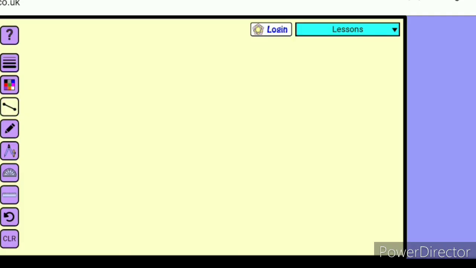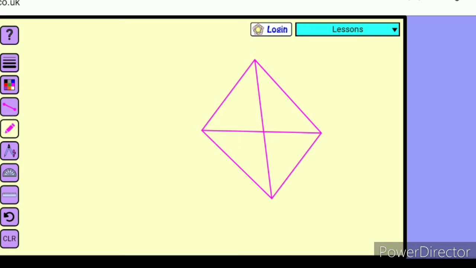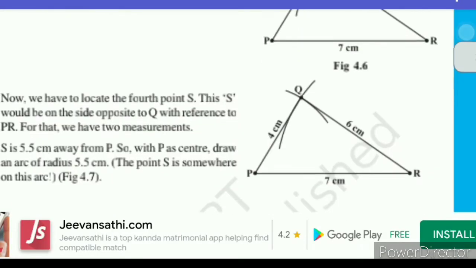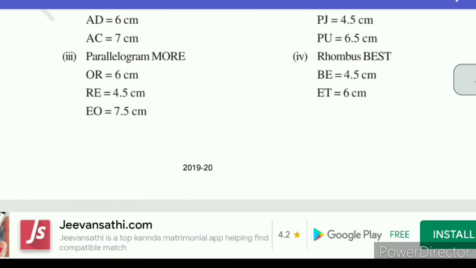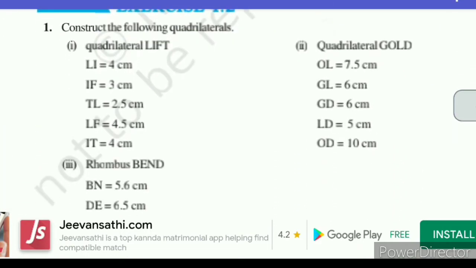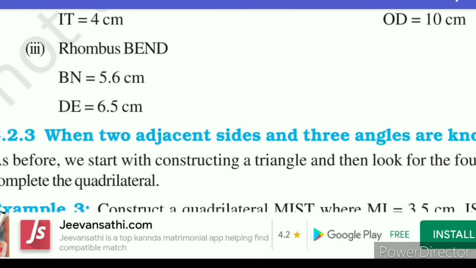First we will draw a rough figure. Yes, write the measures. What are the measures? BN 5.6, DE 6.5 centimeter.